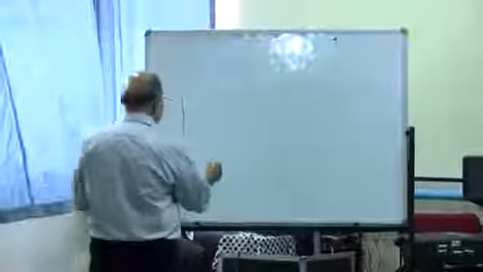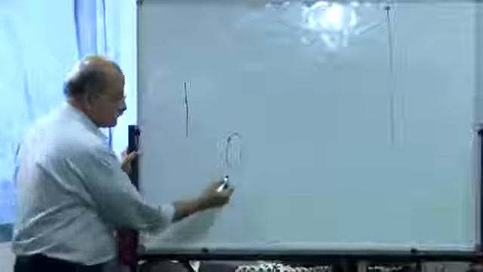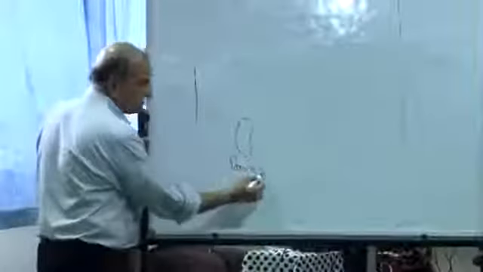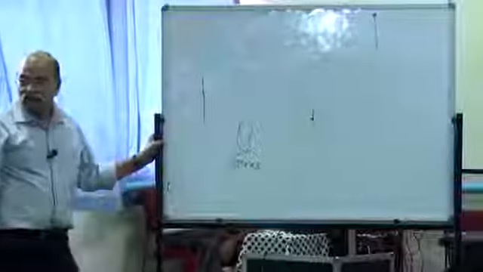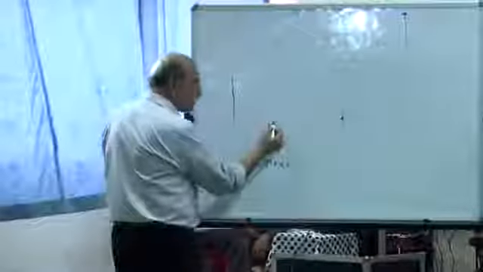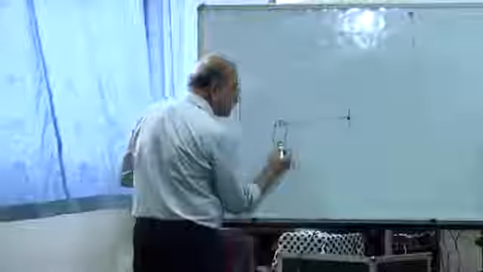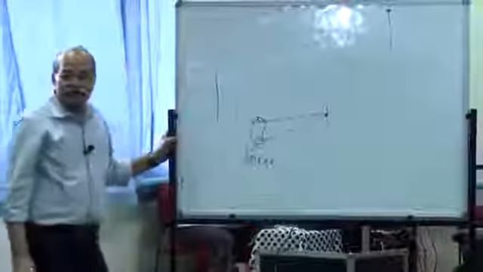There is another story to this coherence, that suppose I have a source, and the source is this big. This is the source of light, and I am looking at say this point. Now light is reaching from this portion of the source, light is also reaching from that portion of the source.